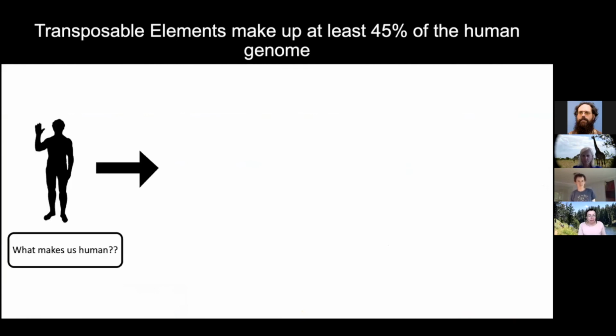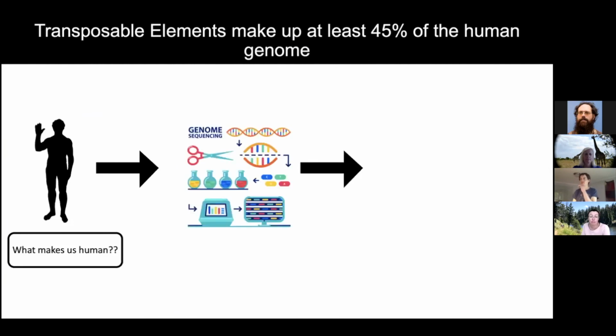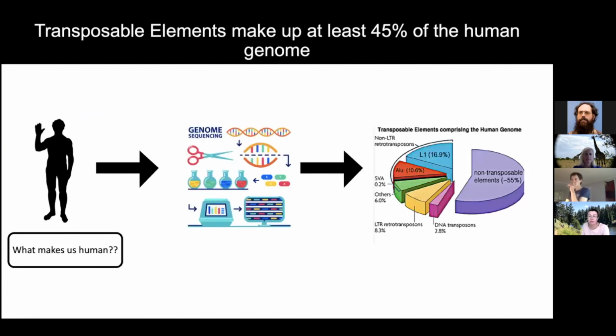As you know, we have sequenced the human genome for many years now. In our lab, one of the things that we're really interested in is comparative genomics and using that to understand what makes us human. One of the striking findings of the initial sequencing of genomes was that quite a lot of our genome is actually composed of transposable elements.